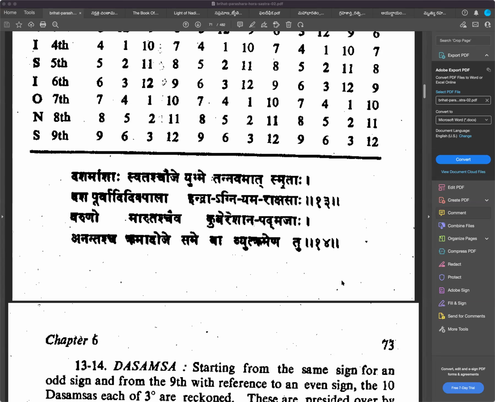What about spiritual progress, sir? How to see spiritual progress? Spiritual progress, again, the same Atmakaraka gives it. Spiritual progress means you need to clear all your pending karmas, either good or bad. I don't have any planets in D9 in Trika, 6, 8, 12.